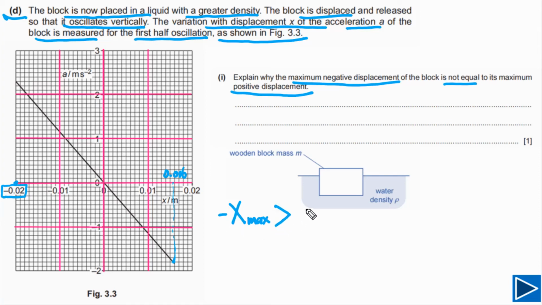The magnitude of that is greater than the positive maximum displacement. In this case negative 0.02 is greater. We are talking about magnitude. The negative simply tells us the direction of displacement, and this one is greater than 0.016. We need to explain why it is like that.